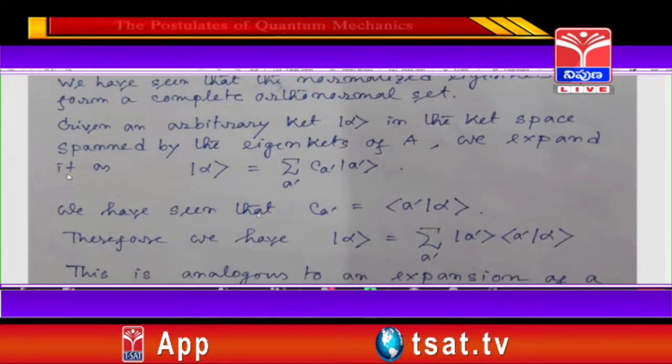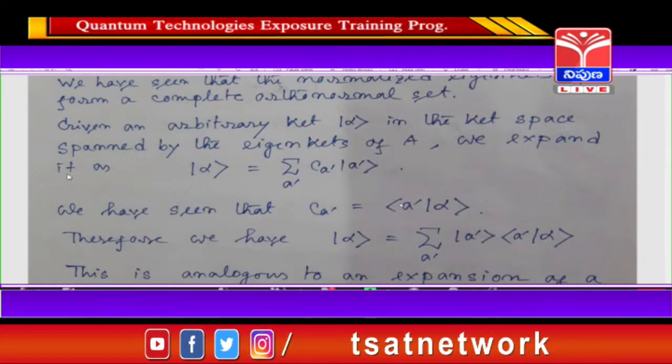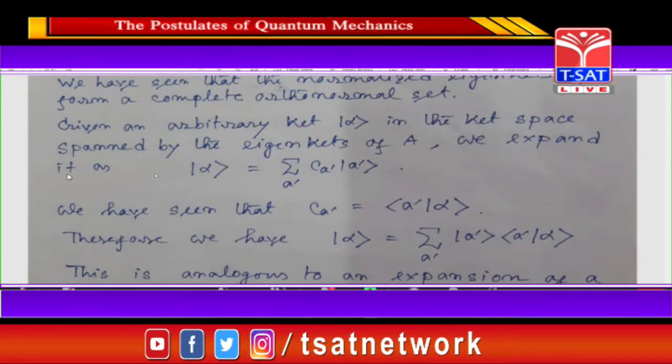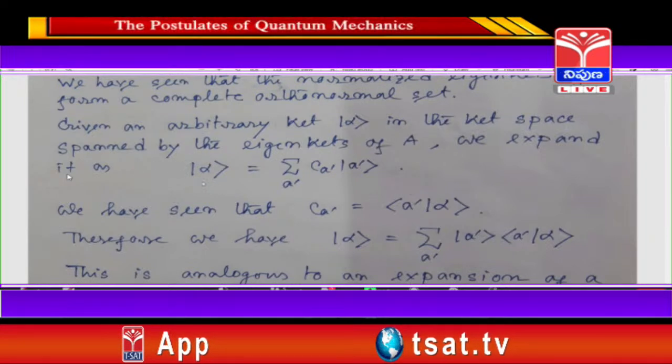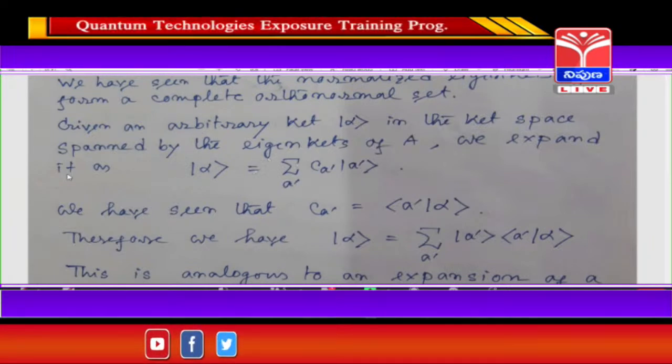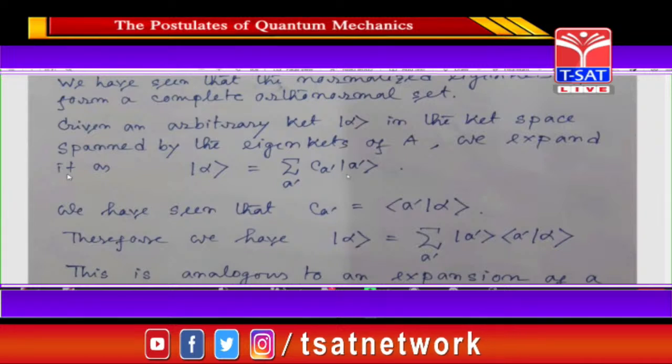If we do the inner product of A prime with the ket vector alpha, then what do we have? Basically in this equation, we are multiplying A prime from the left side on both LHS and RHS. On the left hand side, we have the inner product A prime alpha. On the right hand side, we have the sum over all the A primes with this coefficient Ca prime.